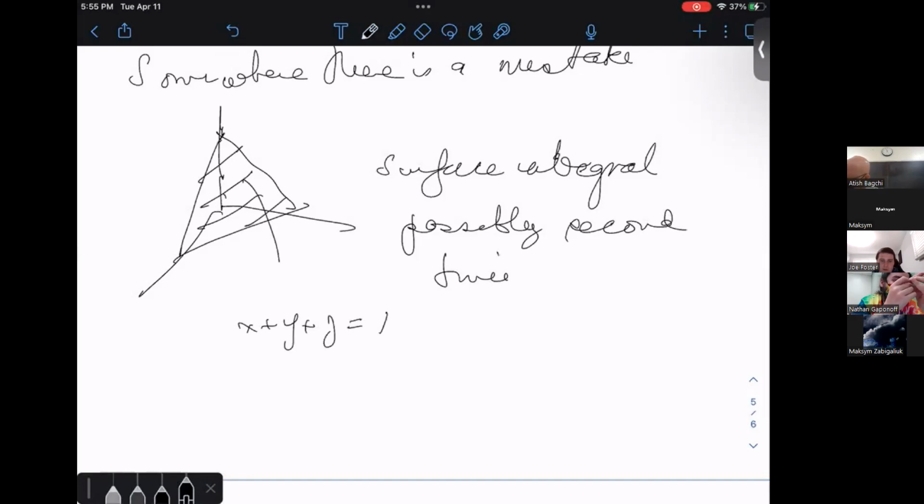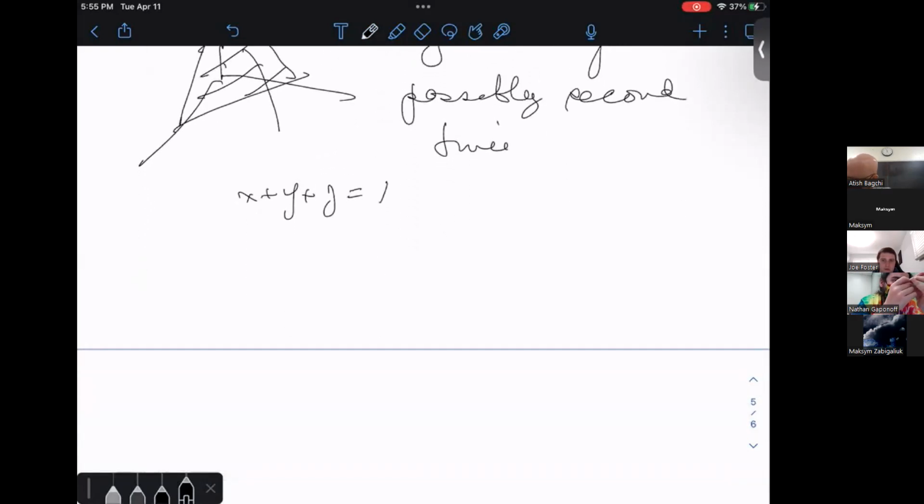And we took the parameterization: x is equal to s, y is equal to t, and z is equal to 1 minus s minus t.